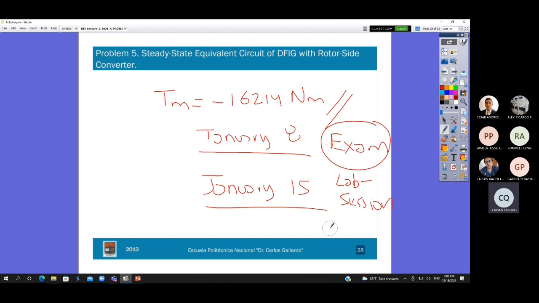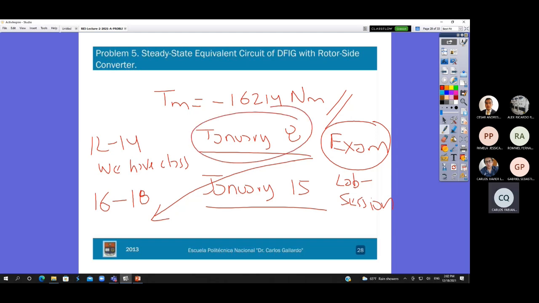From 12 to 14 we have normal class, and from 16 to 18 we have the exam, because I need to recover 2 classes. The same for January 8 and the same for January 15. So we have class in this schedule.